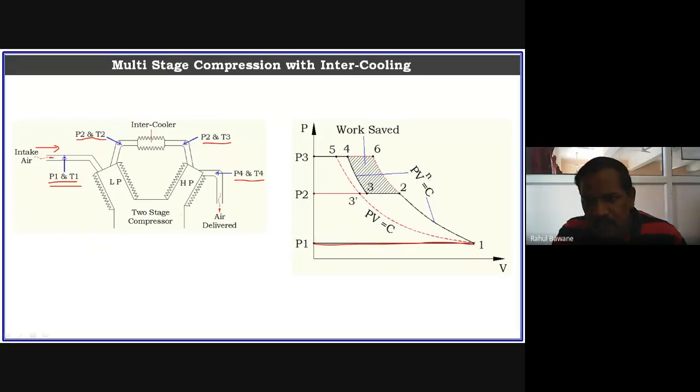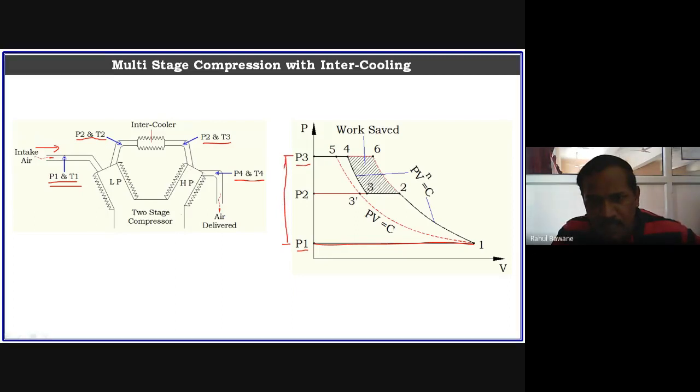Then after, if I am compressing, P1 is the suction pressure and P3 is the delivery pressure, the actual outlet of this compressor which we intended at this pressure, that is P3. So P3 is the delivery pressure, P1 is the suction pressure. So we are changing air pressure from P1 to P3.